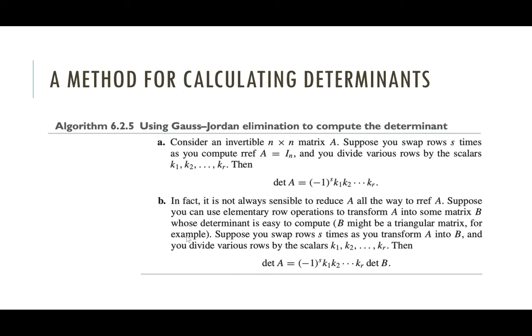No way. I think computers will row reduce and keep track of swaps and scalars until they get a triangular matrix, and then just take the product of the diagonals. So it'd be this times the determinant of the triangular matrix, which is the product of the diagonals.